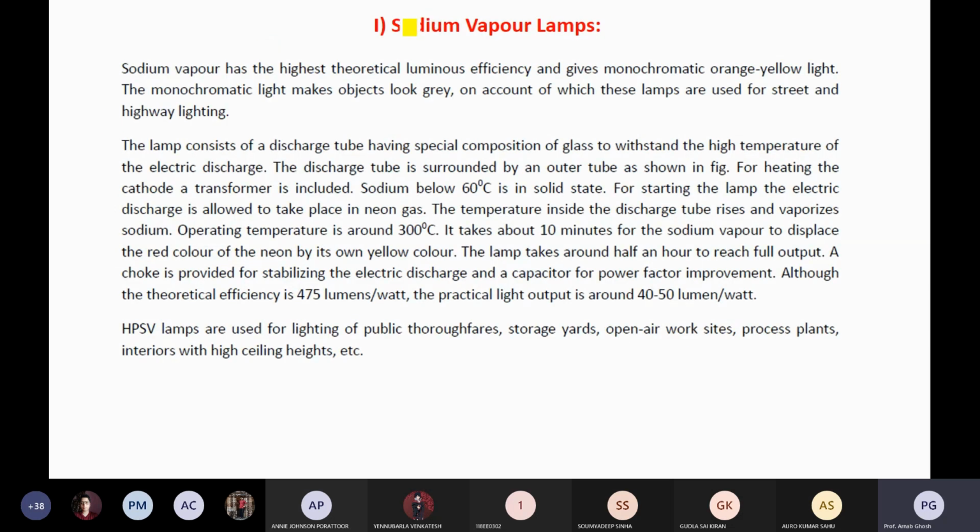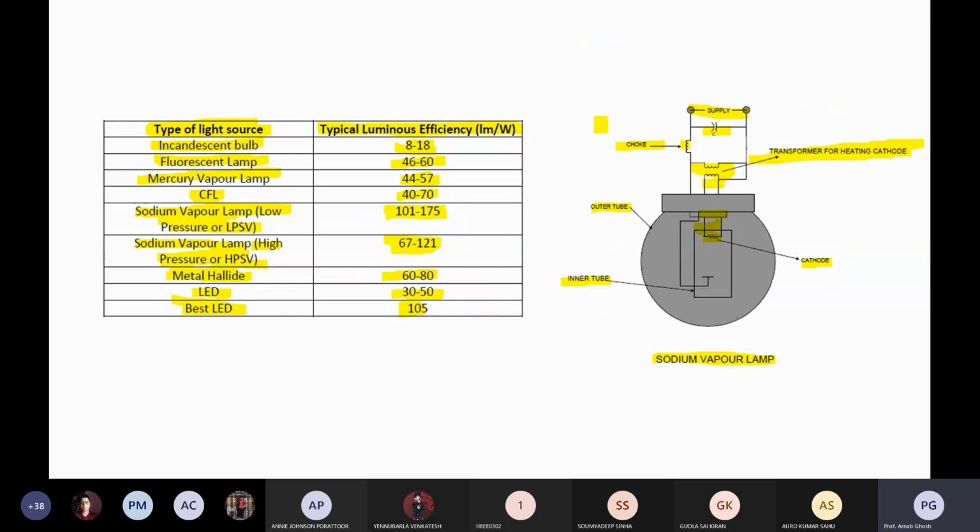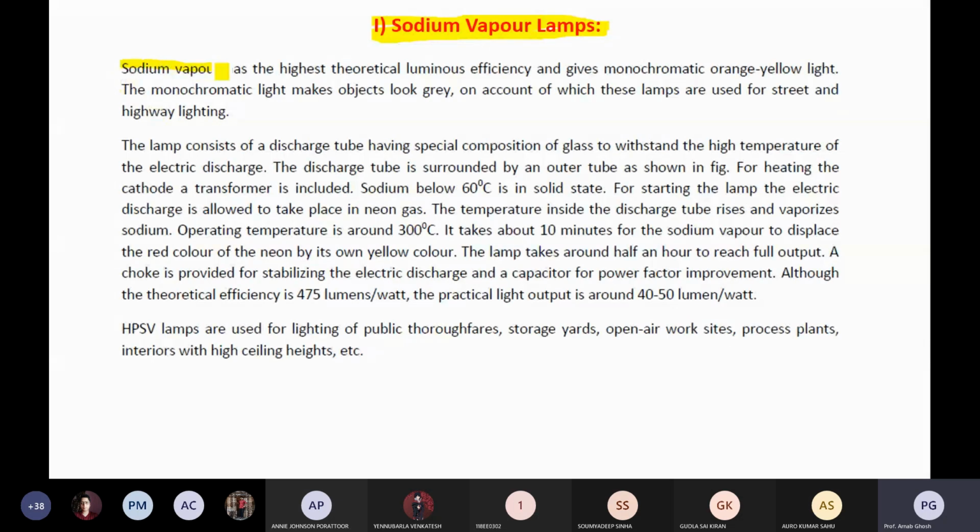Here we can see the basic structure. So what is a sodium vapor lamp? From the definition we can see its structure. A capacitor is there to maintain the input power factor, and choke coils are also there.